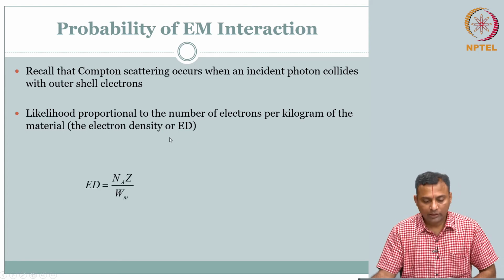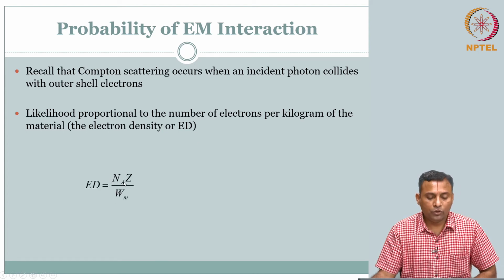What is electron density? You have the number of atoms in a mole, and then your Z, and then your weight in mole. So you have Avogadro number, right? You have heard of Avogadro number, the number of atoms in a mole, right?